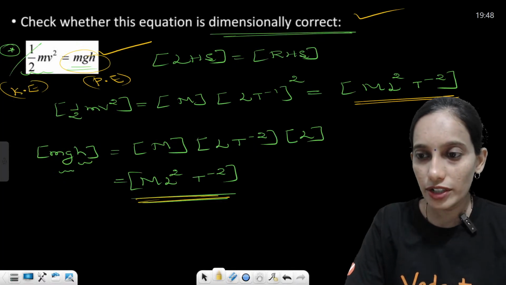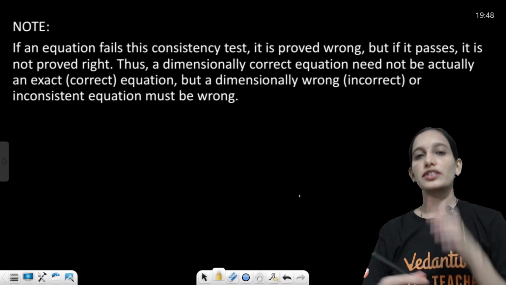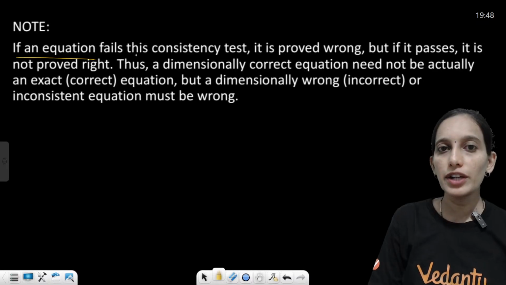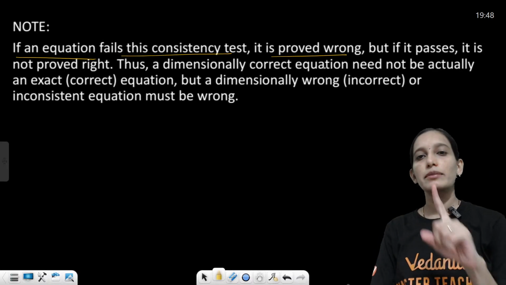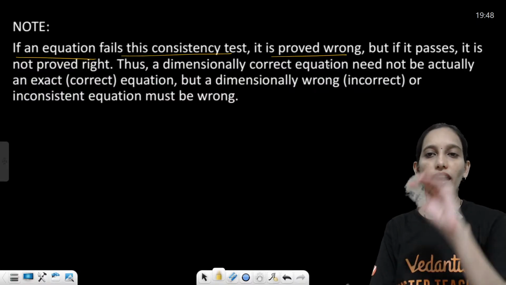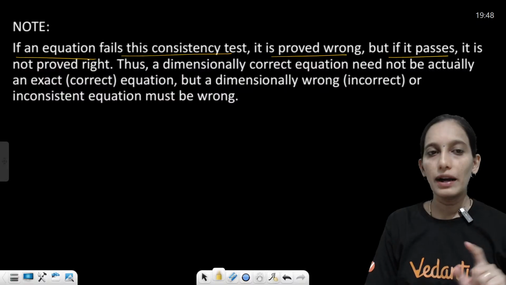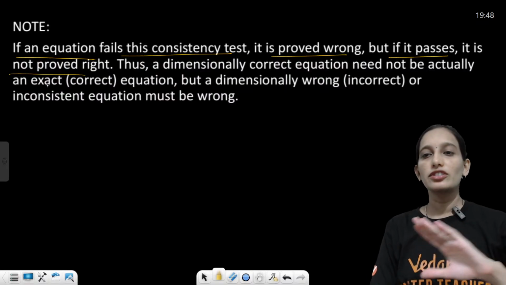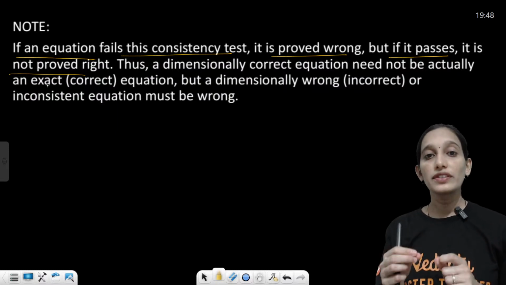Hope we can go ahead to the next application of dimension. Here I just gave you one point which I have already mentioned. If an equation fails this consistency test, it is proved wrong. If dimensional consistency fails, then that equation is 100% not right. Okay, but if it passes, it is not proved that it is right. Just because there is dimensional consistency, the equation need not be physically correct.